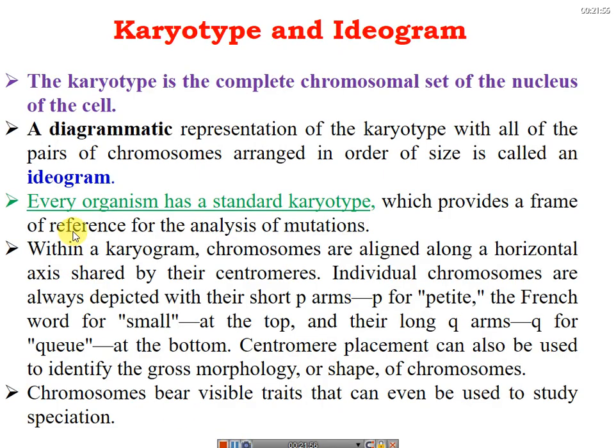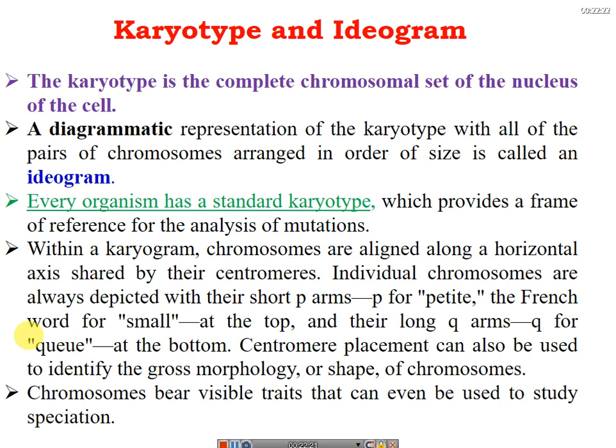Individual chromosomes are always depicted with their short p arm, where p stands for petite, a French word for small, towards the top, and their long q arms are always at the bottom.